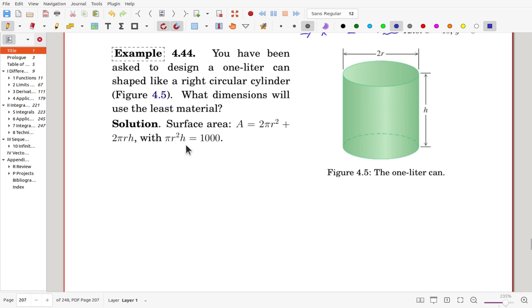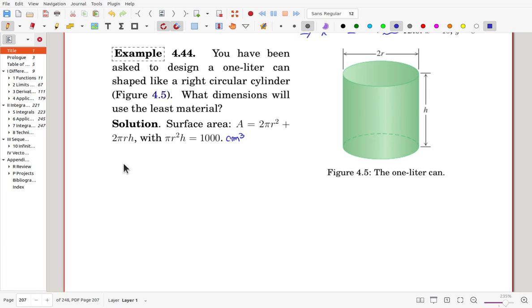And also the volume is 1 liter, so along with the centimeter scale, pi r squared h, the area times the height, is 1,000. That is centimeter cubed. So here the unit is centimeter.